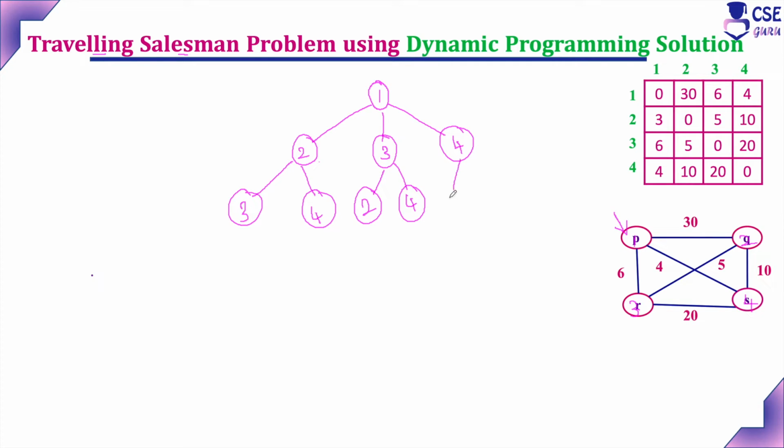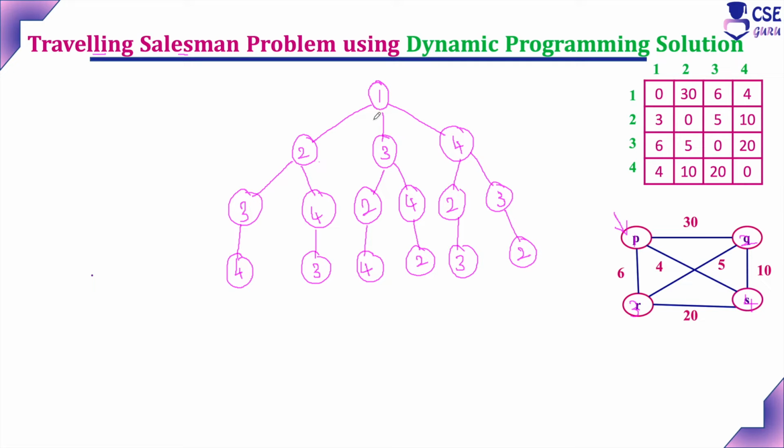After visiting 4, the remaining cities are 2 and 3. At the next level, he has visited 3 cities and the only remaining city is 4, 3, 4, 2, 3 and 2 respectively.